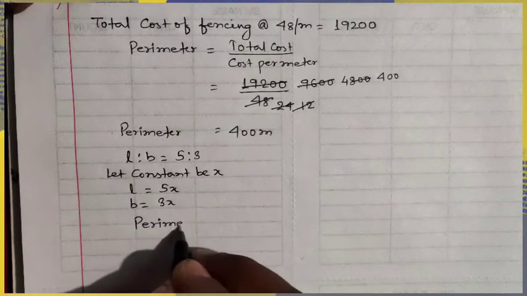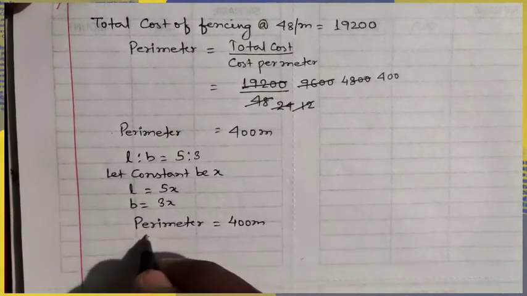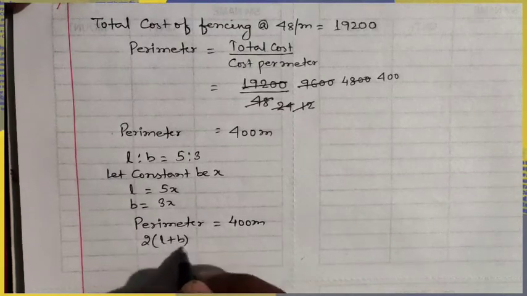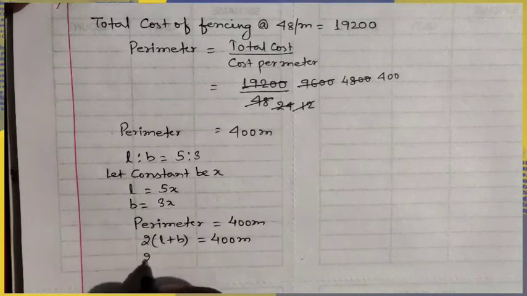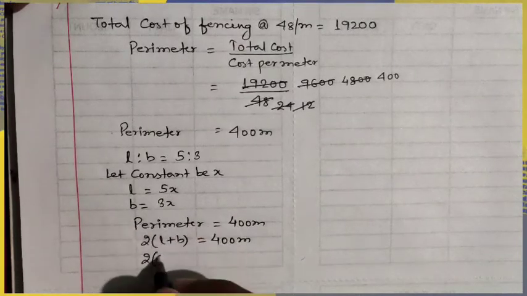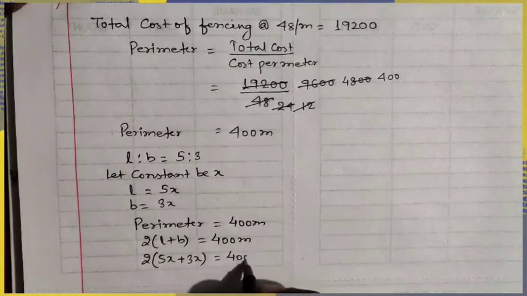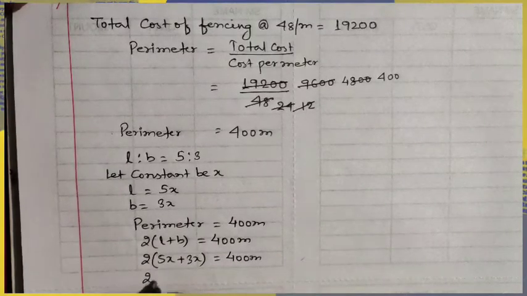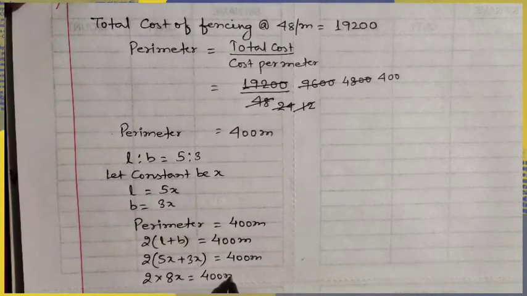We know that perimeter is equal to 400 meter. The formula for calculating perimeter is 2 into (length plus breadth). It will be equal to 400 meter. 2 into (5x plus 3x) is equal to 400 meter. 2 into (5 plus 3), it is 8x is equal to 400 meter.